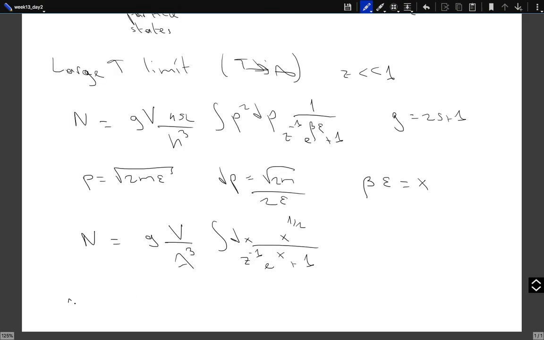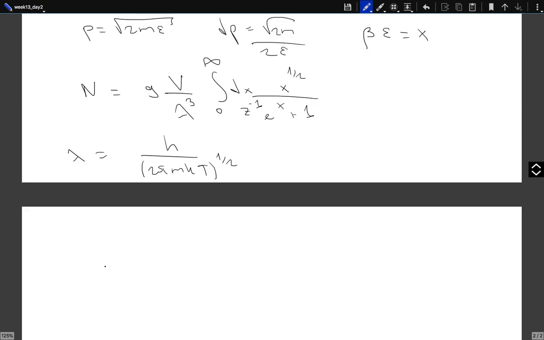As usual, lambda is the so-called thermal wavelength, h over the square root of 2 pi m kT. So x goes from 0 to infinity. And so this equation, if we write it in the form n lambda cubed over V, putting the g over here, this should be equal to f 3/2 of z.